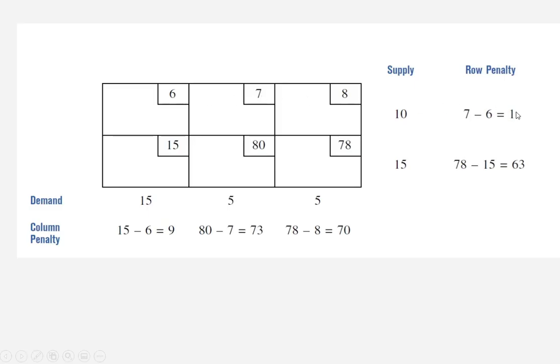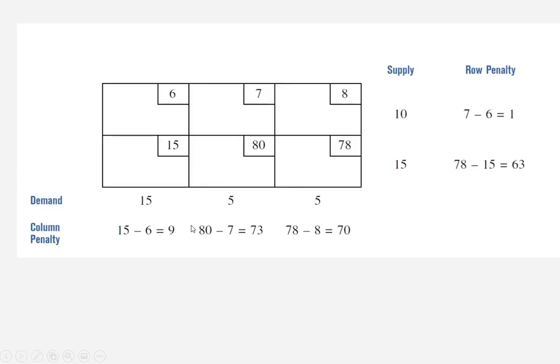The difference is 1. That's the penalty. Second row. Lowest cost 15, second 78. 78 minus 15, 63. Then 8 and 78, difference is 70. Then 73 and 15, 6, difference is 9.